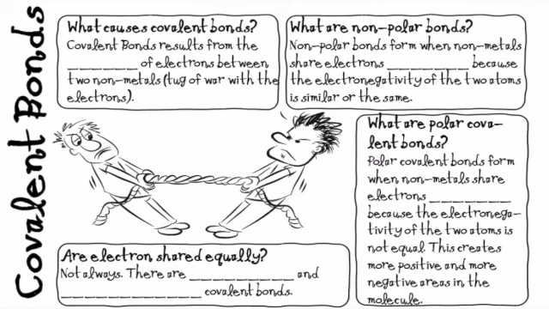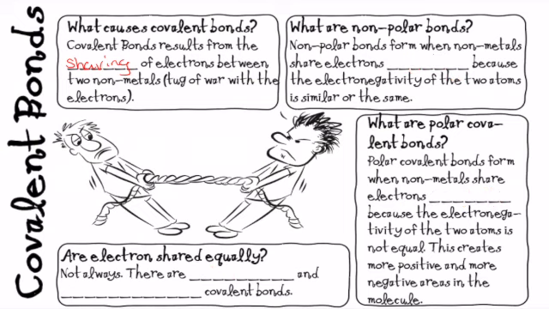What are covalent bonds? Covalent bonds result from the sharing of electrons between two nonmetals, kind of like a tug of war with the electrons. Are electrons shared equally? Not always. There are polar and nonpolar bonds.